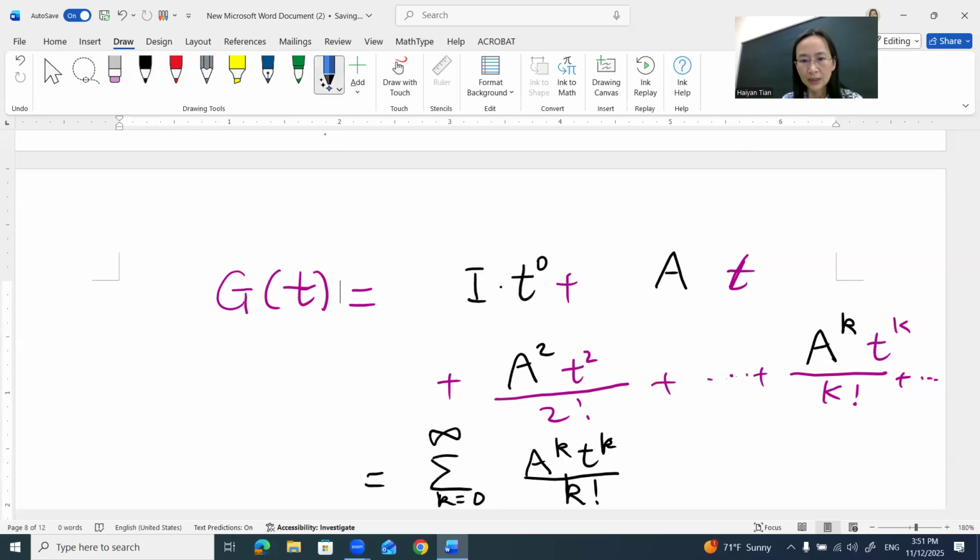I only include this typical term, for K from 0 to infinity. That's our power series form for the fundamental matrix.